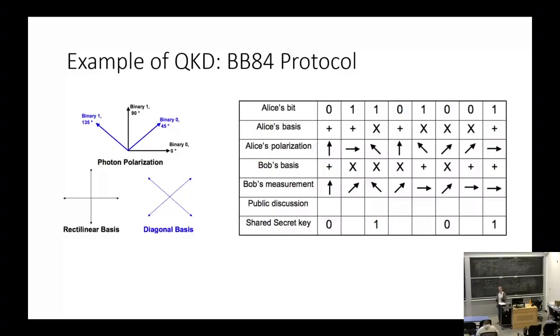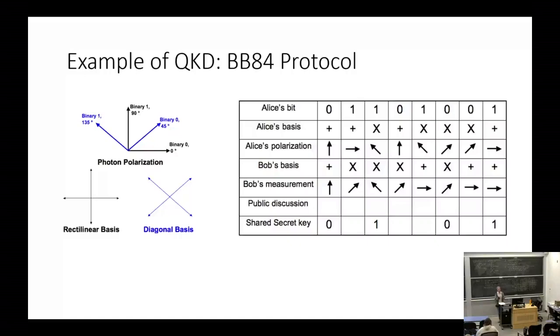Now Bob's basis is plus, x, x, x, plus, x, plus, plus. And then he does his measurement, and this is what he gets. He gets up, 45, 135, 45, right, 45, right, right.